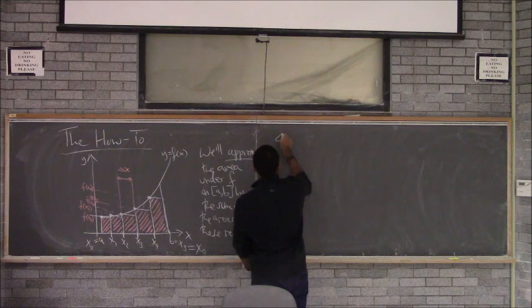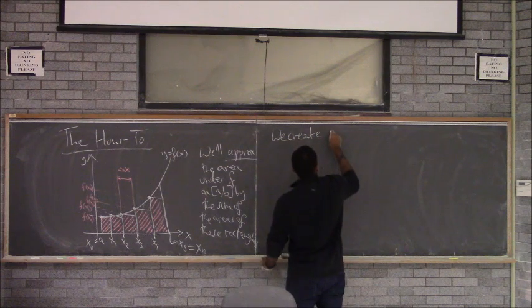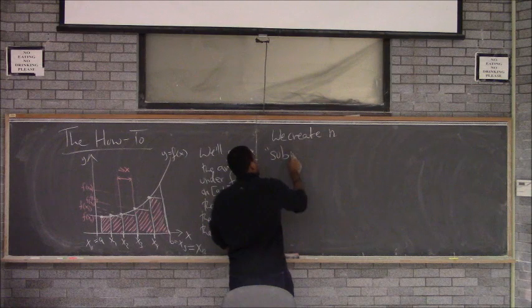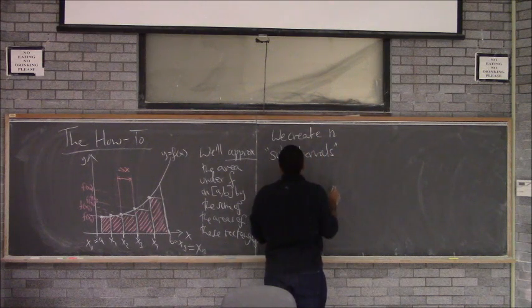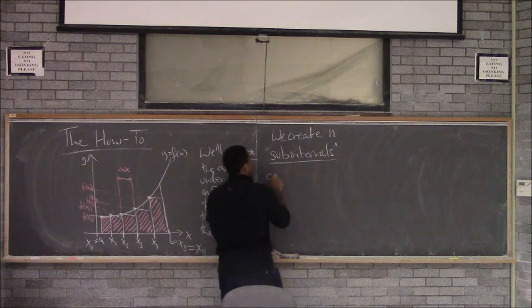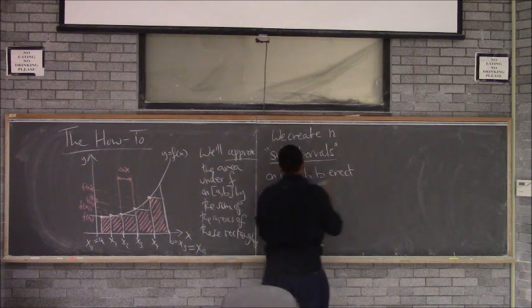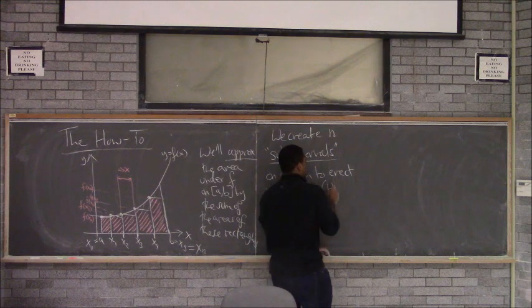So we create n subintervals, where we're going to start drawing the rectangles. Here n equals 5.